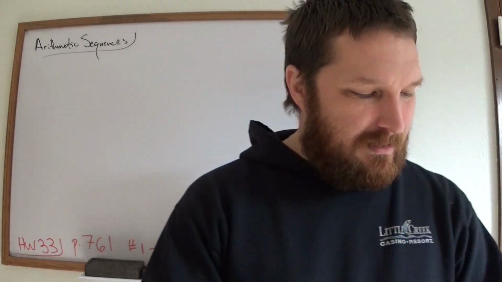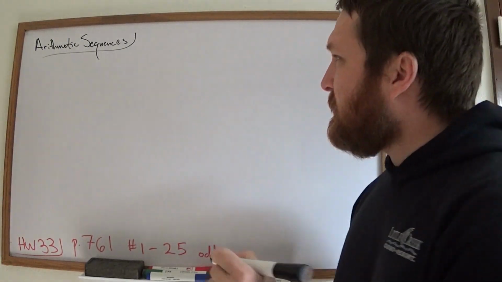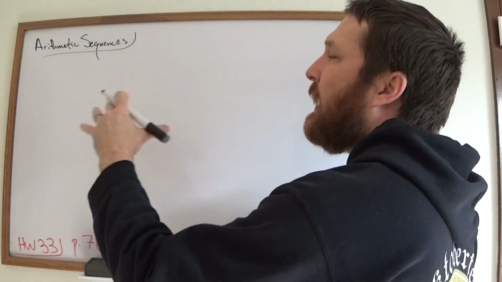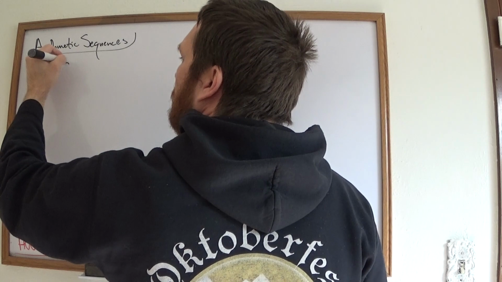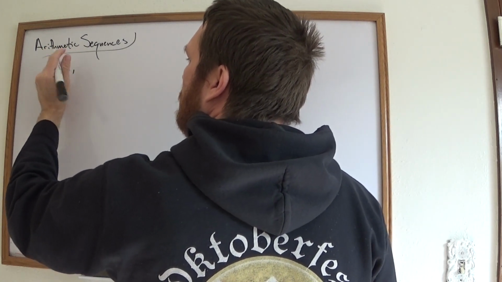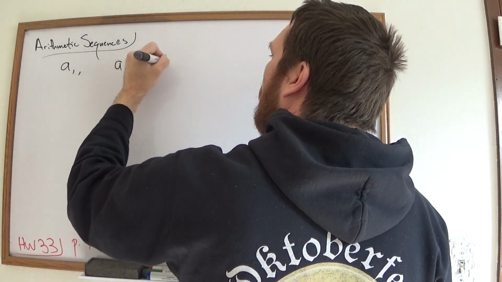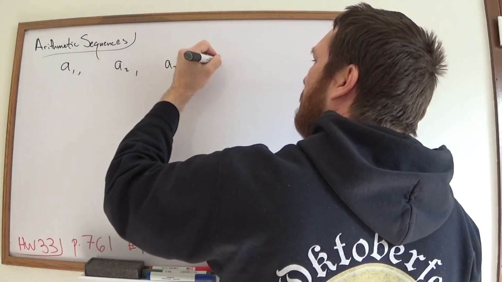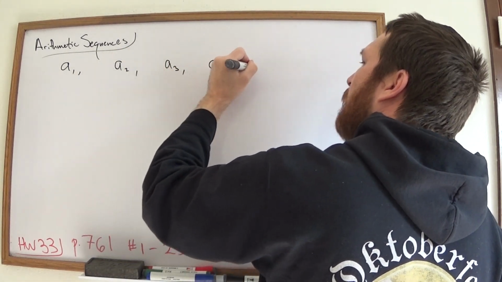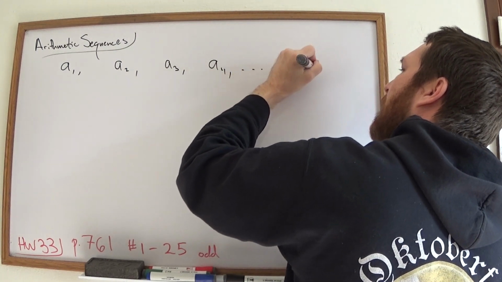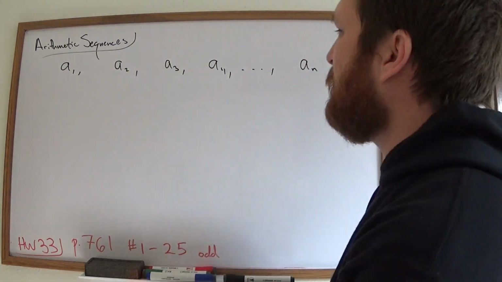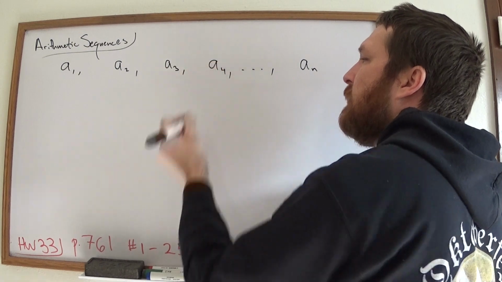So, okay. An arithmetic sequence is a sequence defined by a common difference. So let's just get a general looking sequence out. There's A1, here's A2, then comes A3, I think the next would be A4, and so on, all the way up to AN. We'll just talk about the first N terms of the sequence.